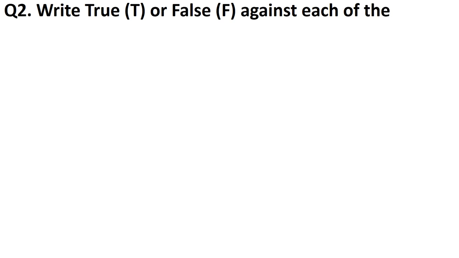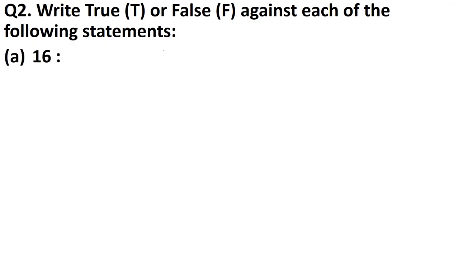Now see question number 2. Write true or false against each of the following statements. Of this question also, I am doing only one part, that is A, 16 ratio 24, 20 ratio 30. It is given that they are in proportion. Because the proportion sign is there, you have to tell whether it is true or false.